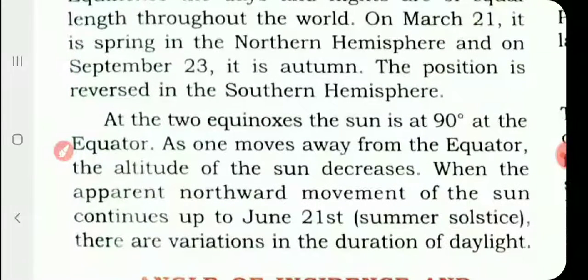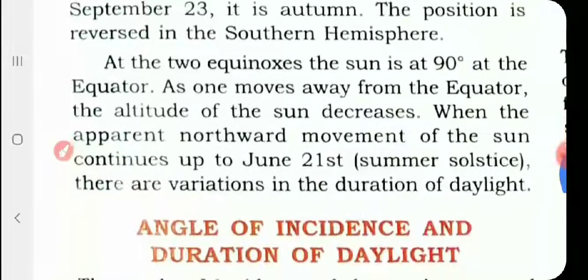Again, I am telling you, on 21st June the northern hemisphere will have the biggest day and shortest night. Then the earth keeps on moving, reaches 23rd September, we will have autumn, equinoxes, and again the sun moves towards the southern hemisphere. December 22, the southern hemisphere will have the biggest day, but we are having the shortest day in the northern hemisphere.